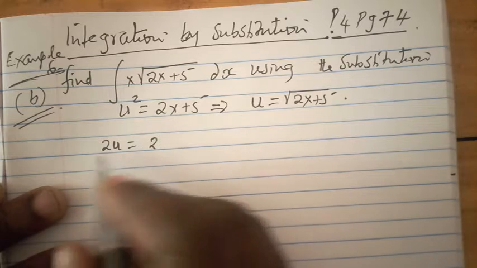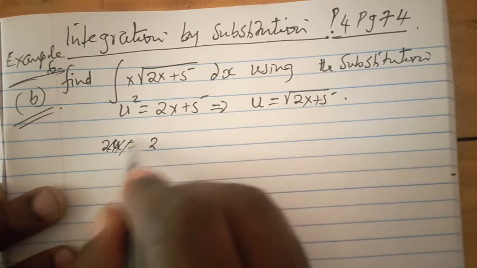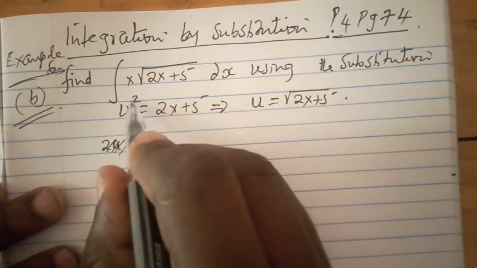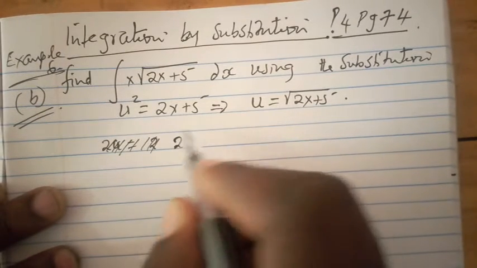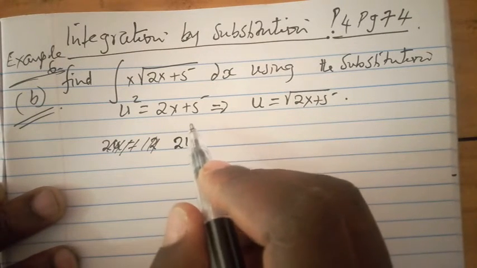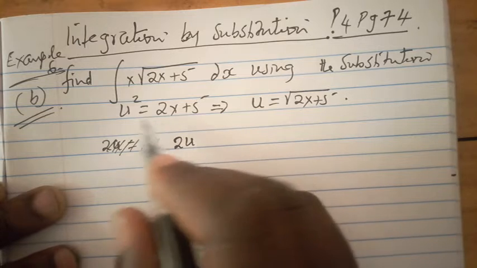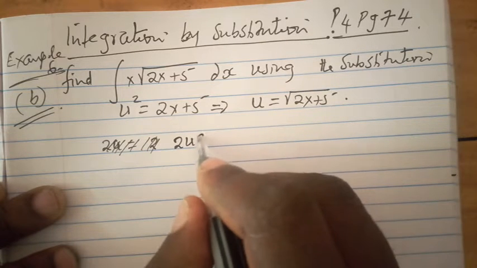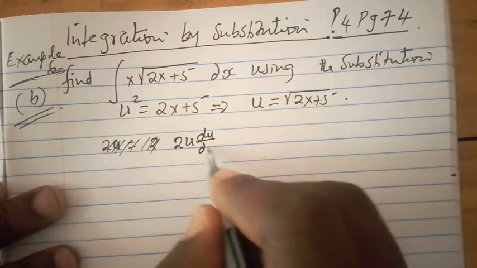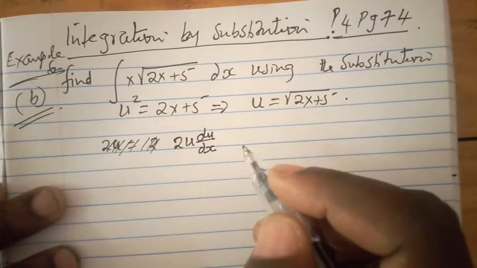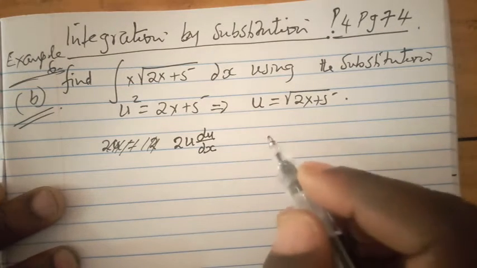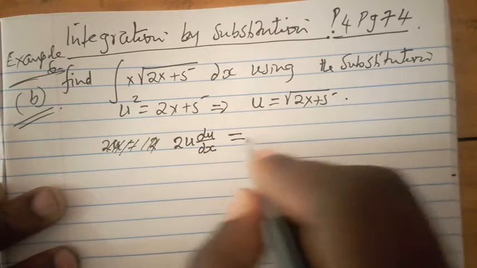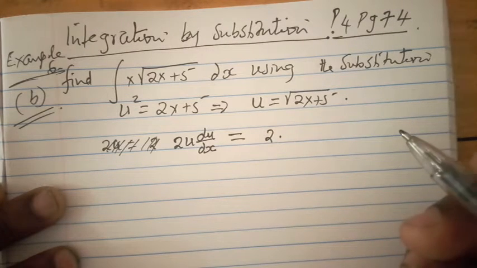The derivative of u squared is 2u, and because we are differentiating with respect to x, we write du dx, which equals 2.